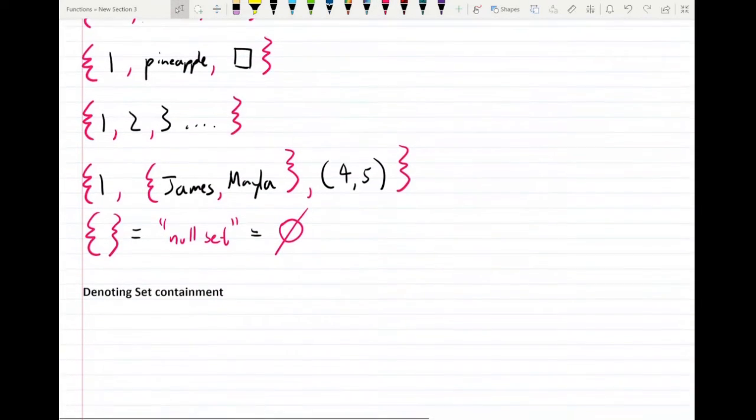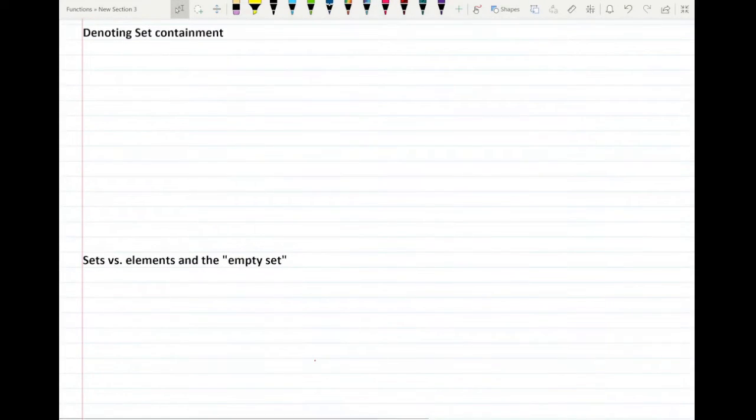And that brings me to my next point, because talking about being in or not being in a set is kind of the most important thing you can do when you're working with sets.